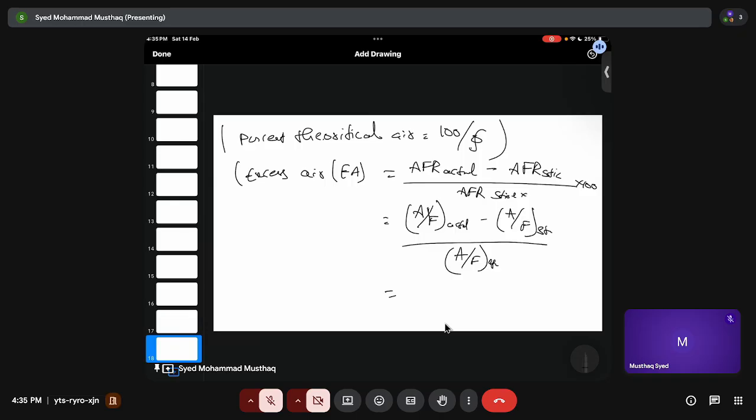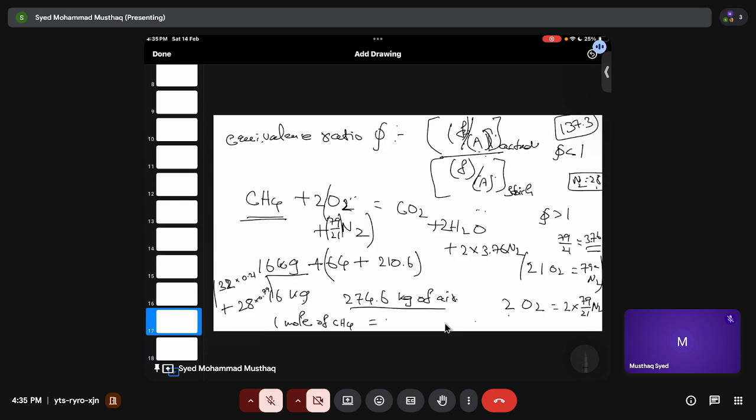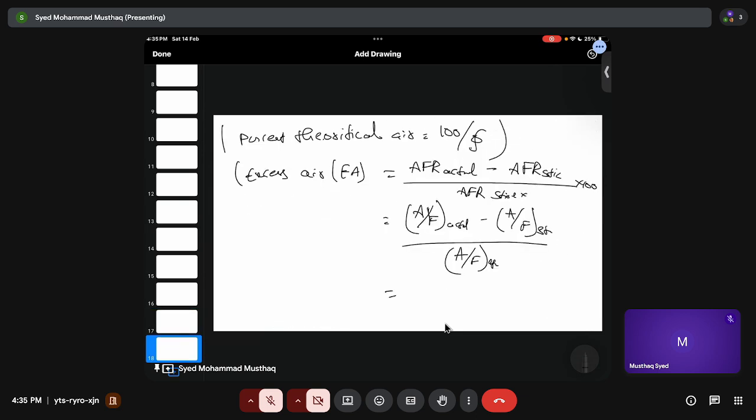Let's write the air fuel ratio as A by F, or you can take the equivalence ratio also, which will be F by A, the fuel by air ratio. You can take this or you can take that. Let's take A by F.